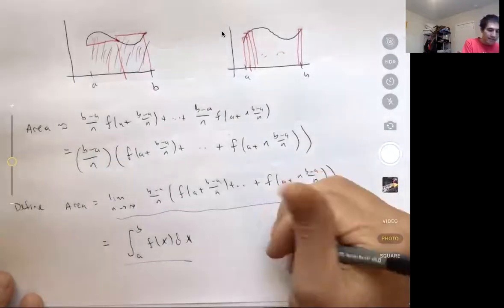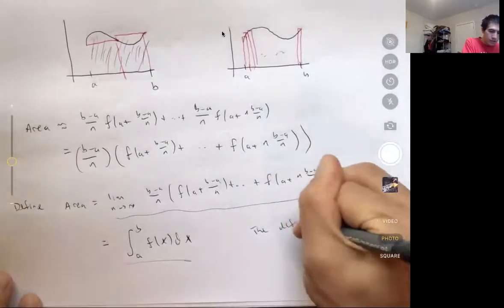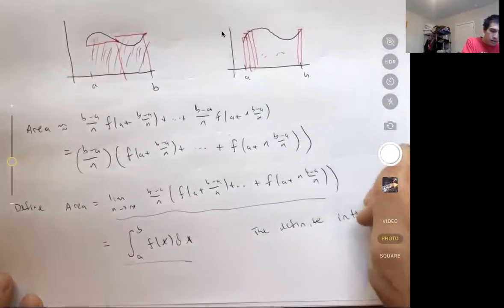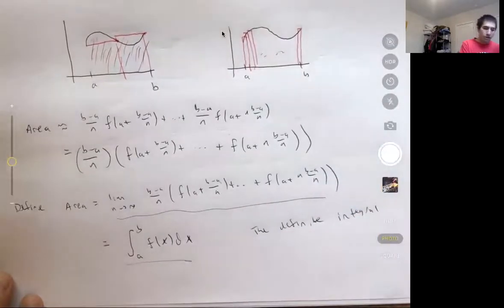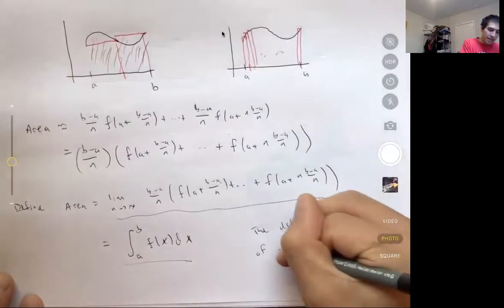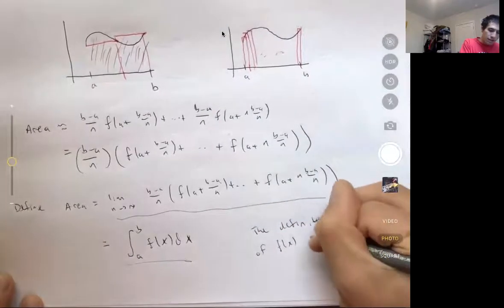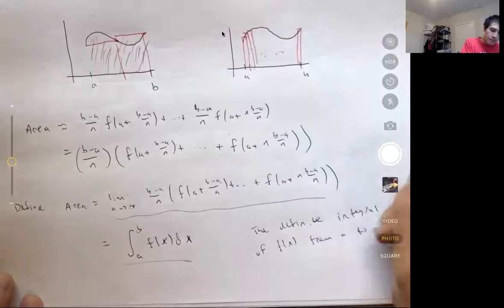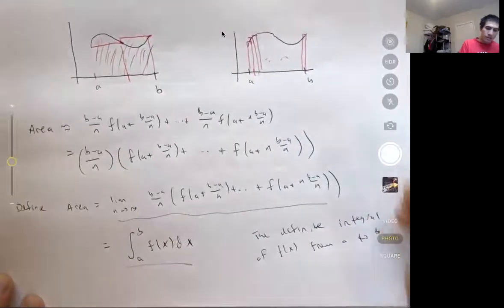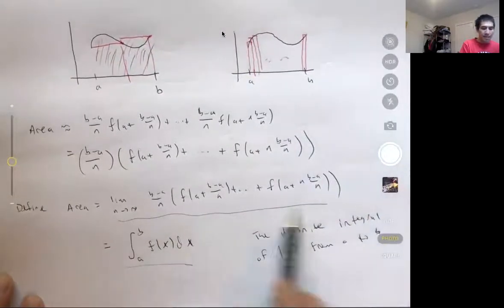This is called the definite integral. This is the definition of the definite integral of f of x from a to b. So this limit itself is a definite integral, and the specific function we're interested in is f of x, and the specific interval is a to b.